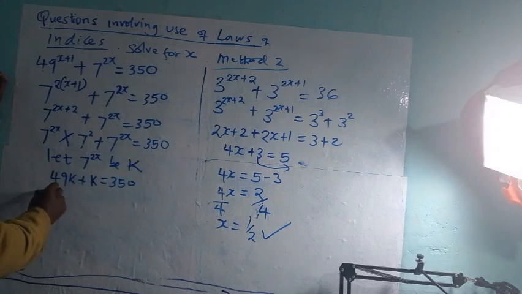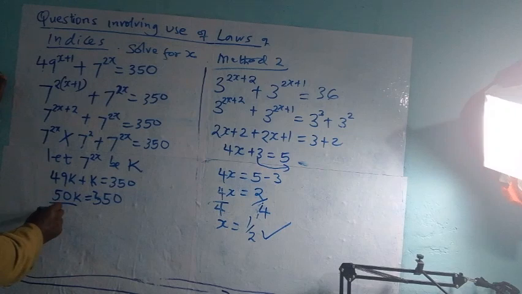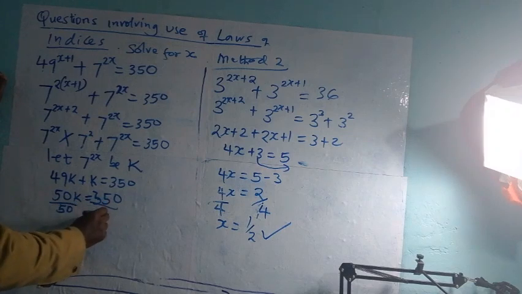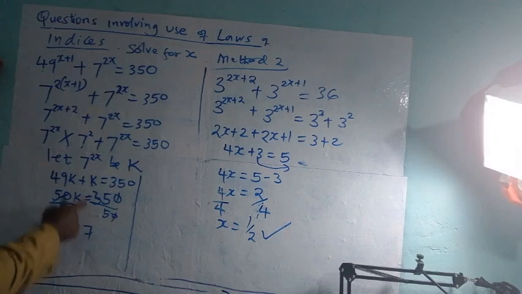So 50k, this is 49k plus k, 50k equal to 350. We want the value of k, so you divide both sides by 50. k equal to 7. But we said that k is equal to 7 raised to the power x.